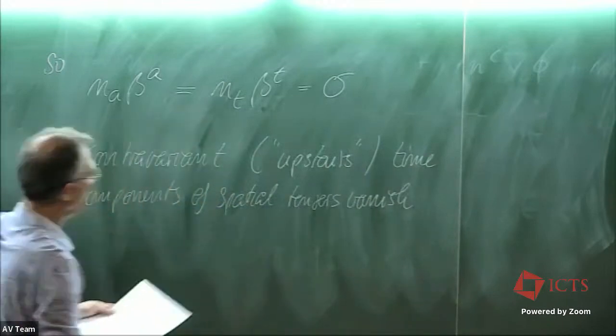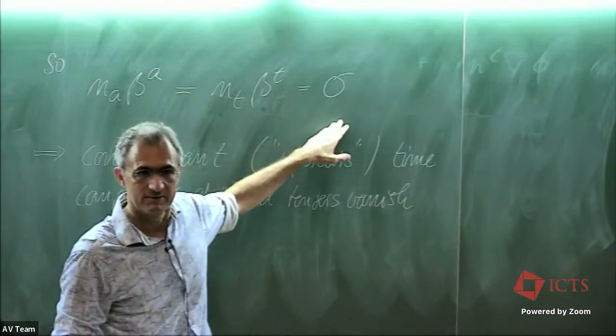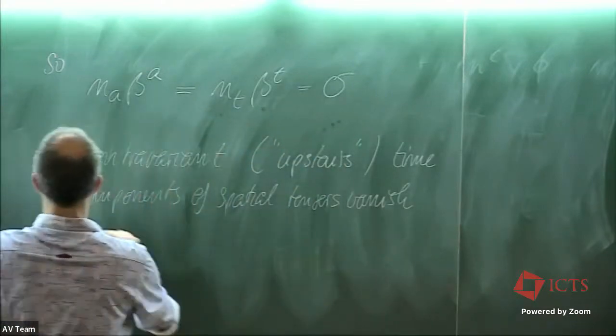And that means when we write down equations in the 3+1 decomposition, we can actually restrict all indices to just spatial indices, okay? All others will cancel out.